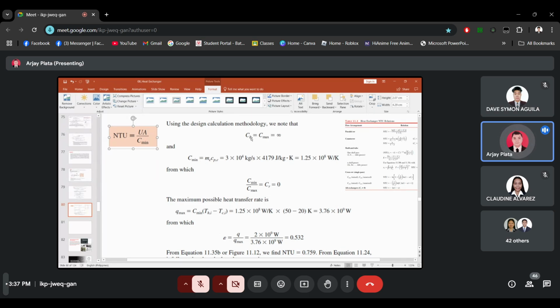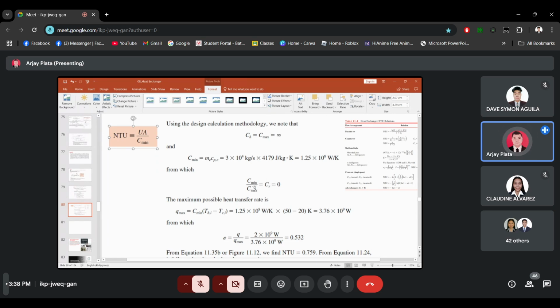Cmax equals infinity, based on the design calculation methodology. So we have Cmax, which is infinite, and Cmin, for which we have the value for the water. The ratio Cmin over Cmax is equivalent to Cr, which is Cmin over infinity equals 0. So Cr is 0.